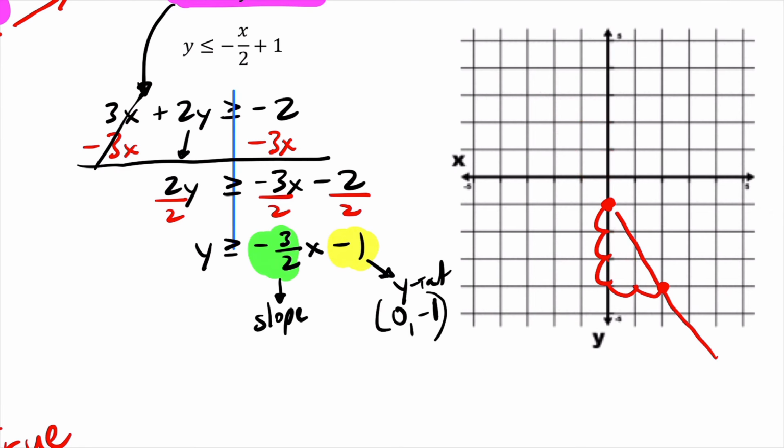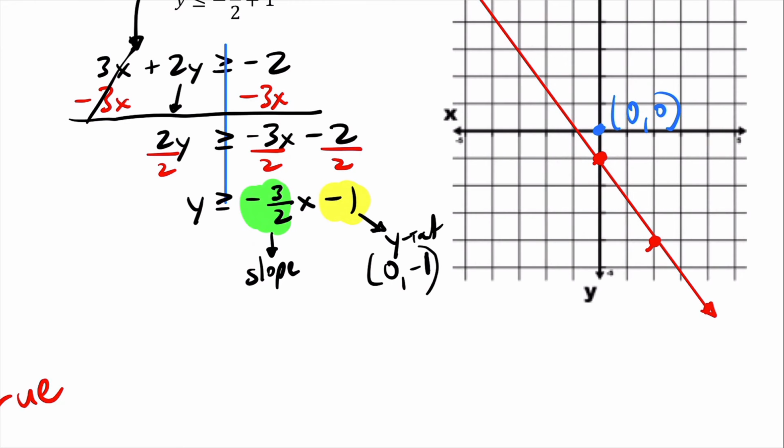So I'm going to draw the solid line. Now I got to see what side to shade. So again, I'm going to pick 0, 0 because 0, 0 is on one side. I'm going to see if 0, 0 is the side or maybe the other side. So I'm going to plug in 0 for x and y. Everywhere I see a y, I'm going to plug in a 0. Everywhere I see an x, I'm going to plug in a 0.